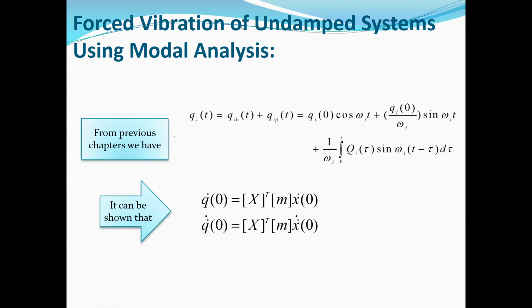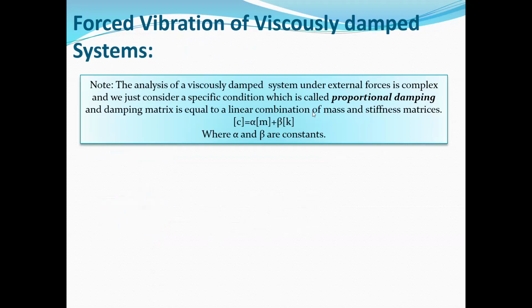And also for the initial conditions, we can use this equation. It can be proved that the initial conditions for Q can be extracted from the initial displacement and velocity for X: the initial value of Q is equal to X transpose multiplied by M multiplied by the initial vector of displacement and velocity for X. So by using these initial conditions, you can obtain the constant coefficients in the response, and finally you can extract the total response as a function of time.